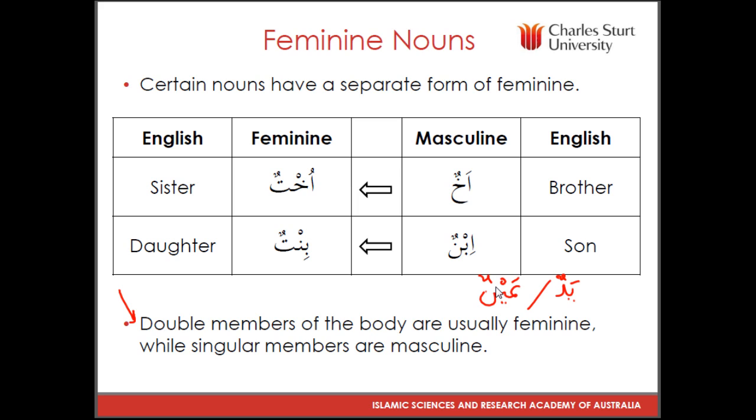One eye: aynun, or sorry, aynani. Aynani nadhakhatan, fabi'ayyi ala'i rabbikuma tukadhiban, mentioned in the Quran. So all the parts that are double are feminine, directly ruled.